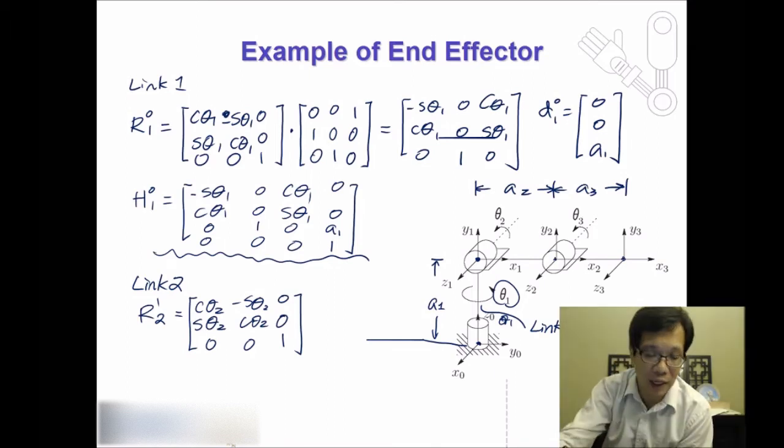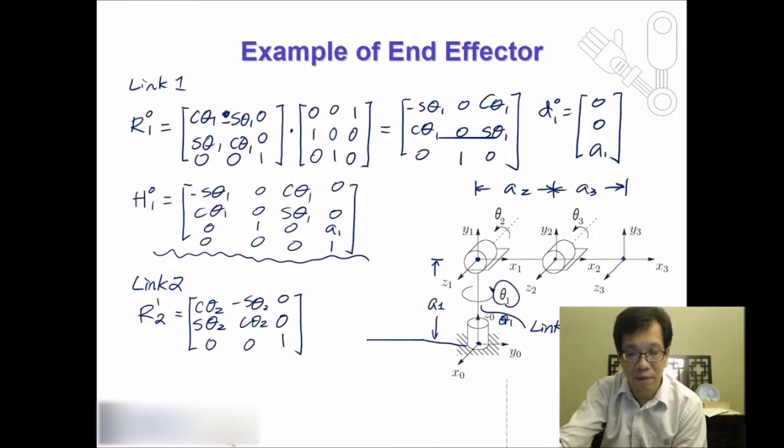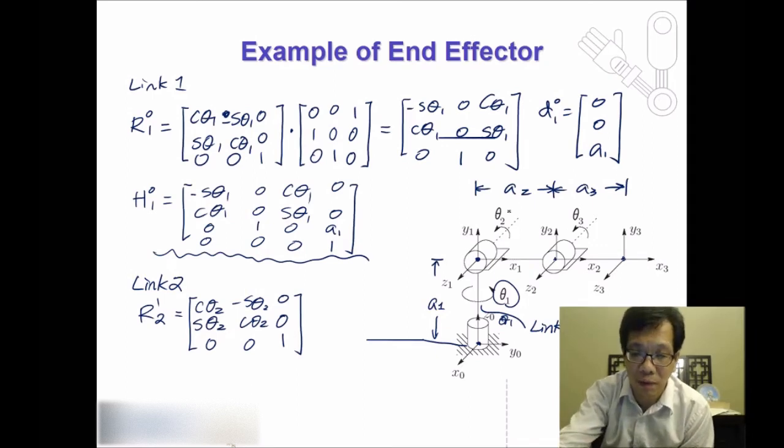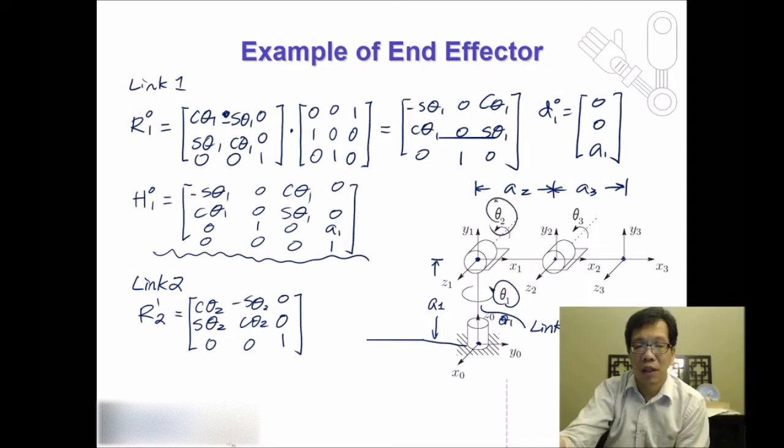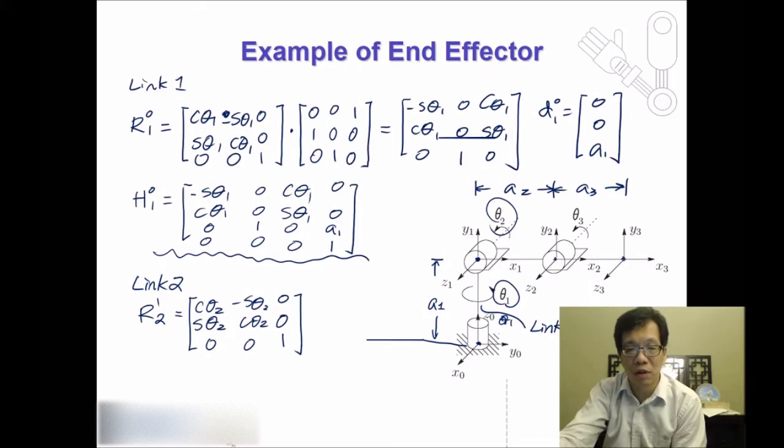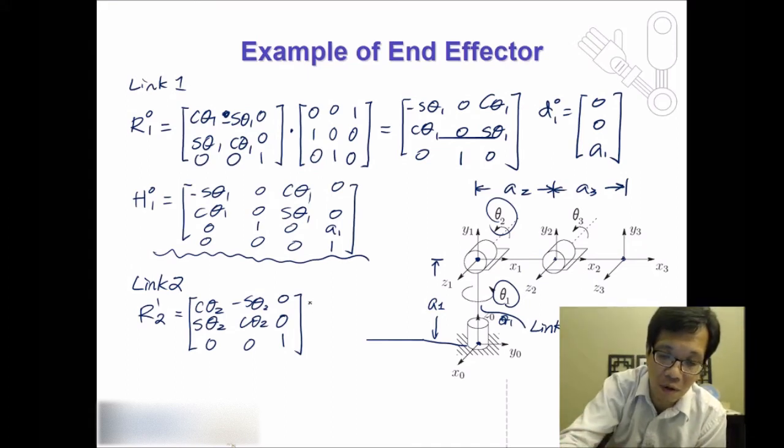So that is going to be the first rotational matrix we're going to use with a variable theta 2. Now, we also need to know how the joint is going to change its directions.